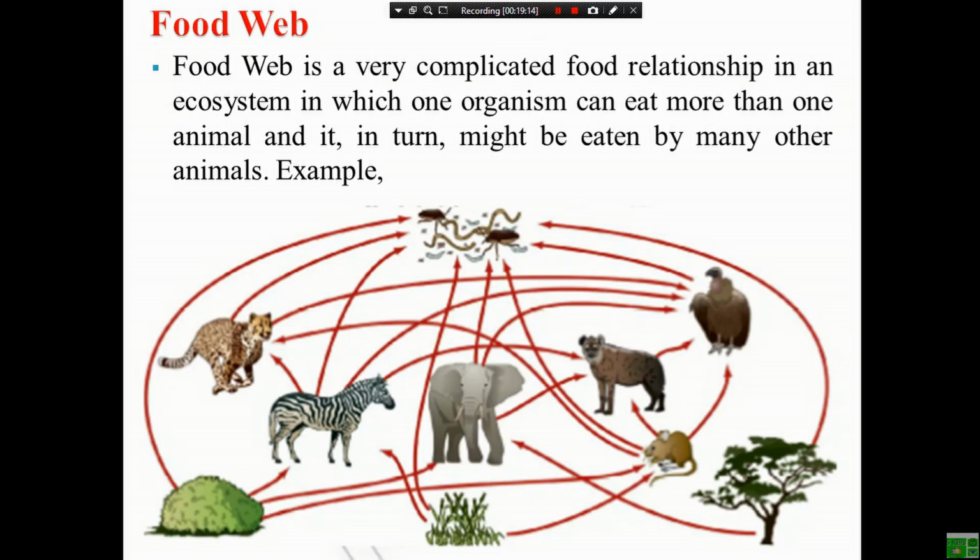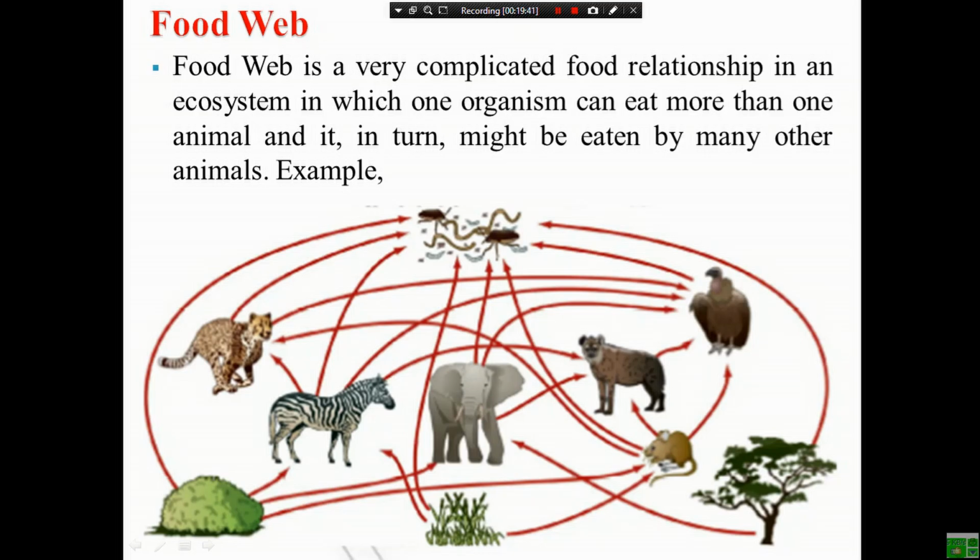For example, let's say there is a plant here, and another autotroph here. This autotroph is eaten by a zebra, then the zebra is eaten by, let's say, a hyena. Again, the hyena is eaten by owls or birds. Finally they are taken by decomposers. So this is how the cycle continues.